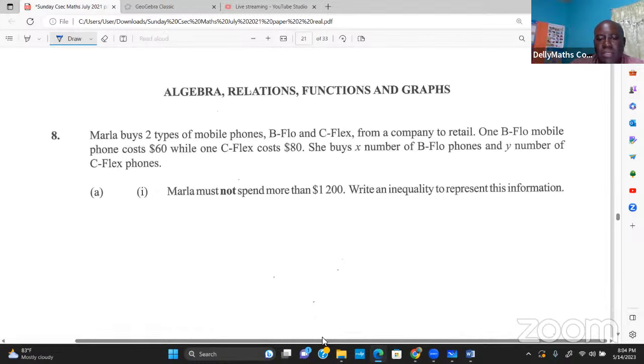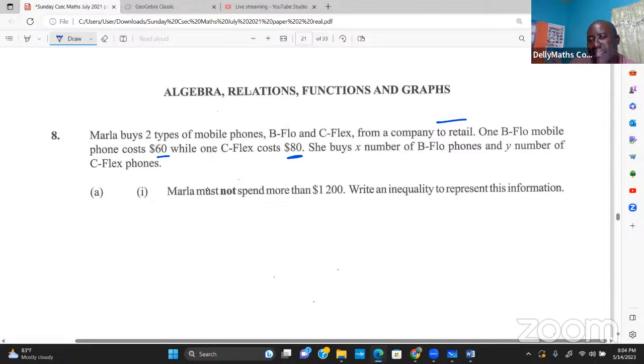We're now at number 8. It says Marla buys 2 types of mobile phones, B-Flow and C-Flex, from a company on a retail. One B-Flow mobile phone costs 60, C-Flex costs 80.